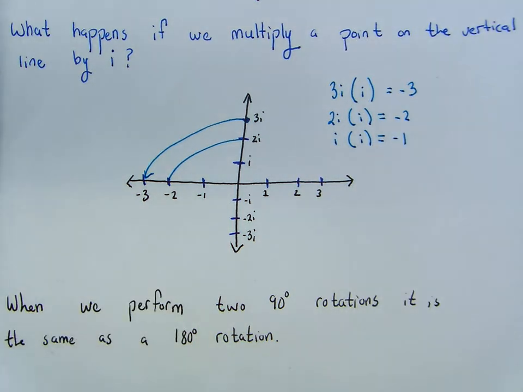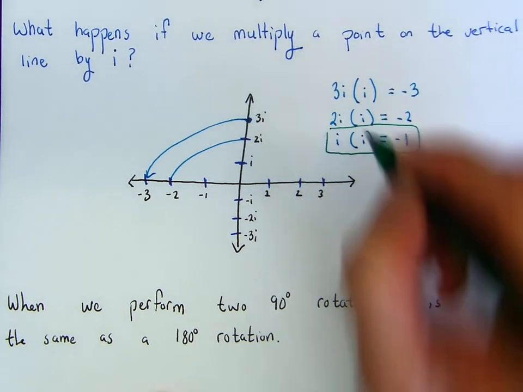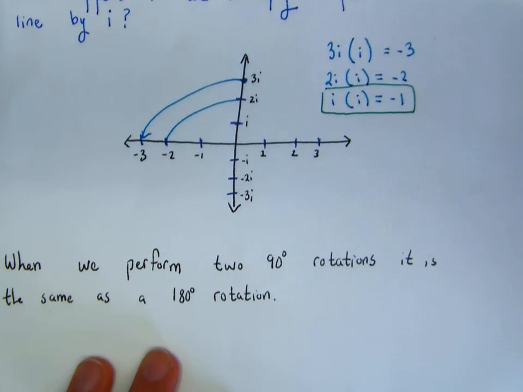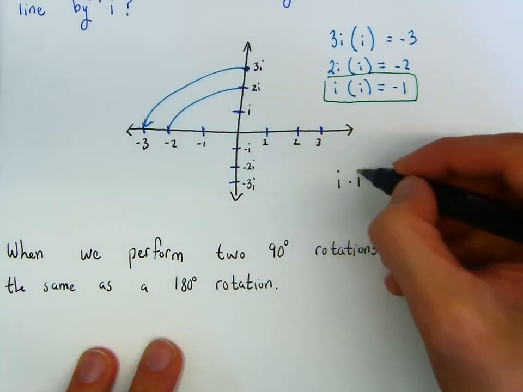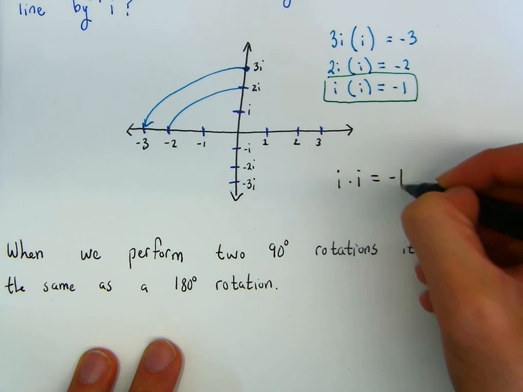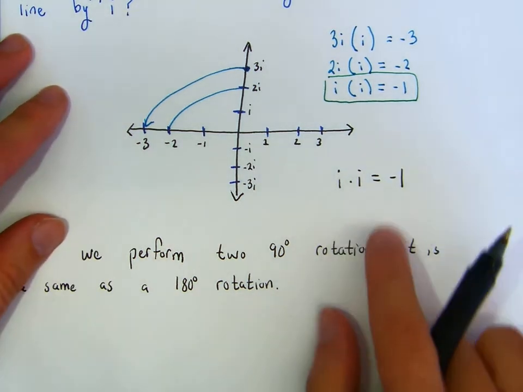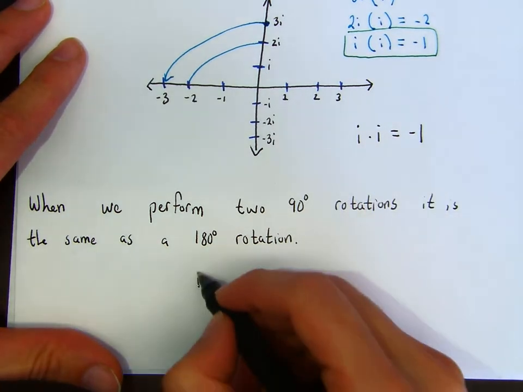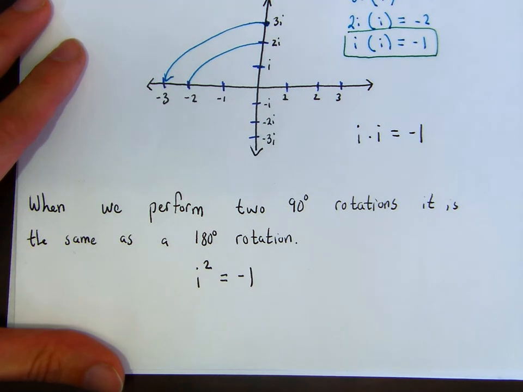And this is the magical thing we want to have over here. Notice that with this algebraic equation, if I have I times I, it's equal to -1. So here what we have is this nice little equation that says, what is I times I? I times I is I squared, and that equals -1.